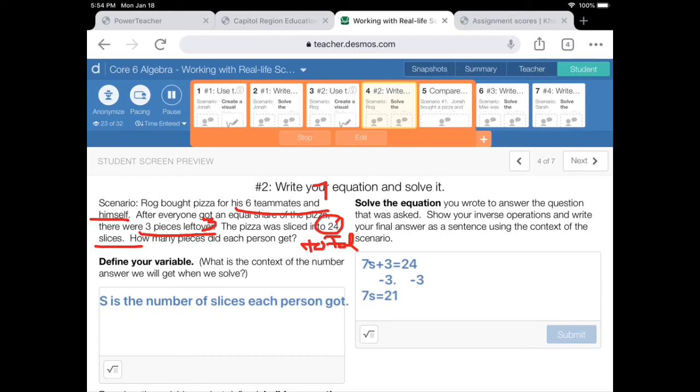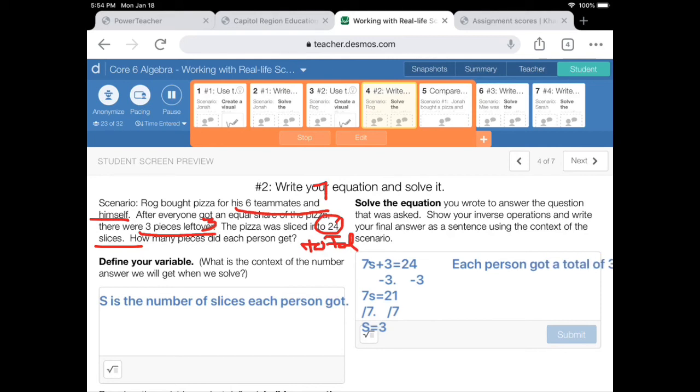Well, that means that each person got a total of 3 slices of pizza. And there's our sentence. All right, so we solved our equation. Each person got a total of 3 slices of pizza.